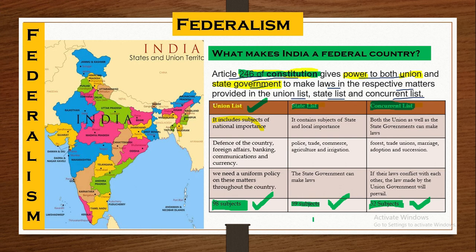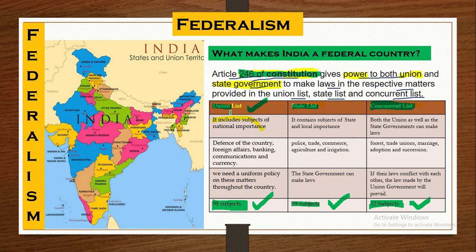For example, cyber laws and cyber issues were added to the residuary subjects, and laws on residuary subjects are made by the union government. So the union government will exercise powers on the residuary subjects.